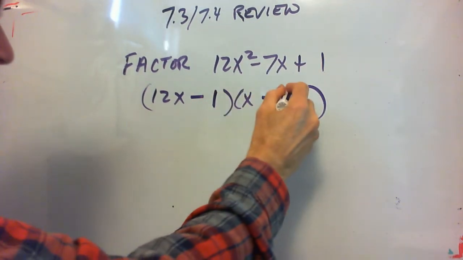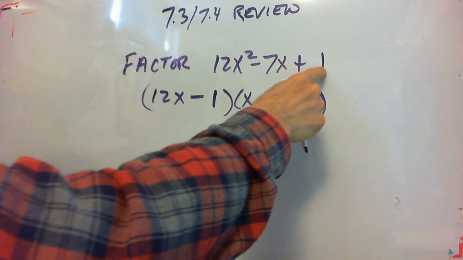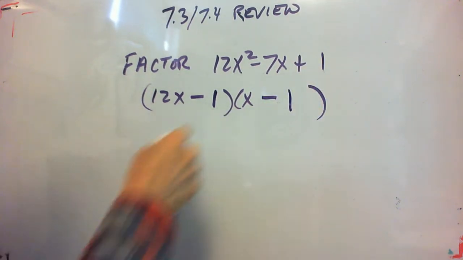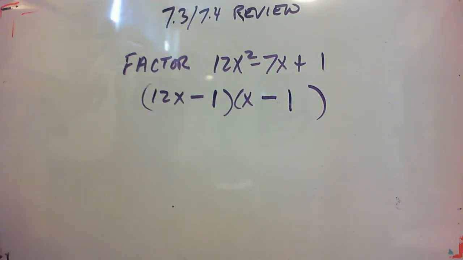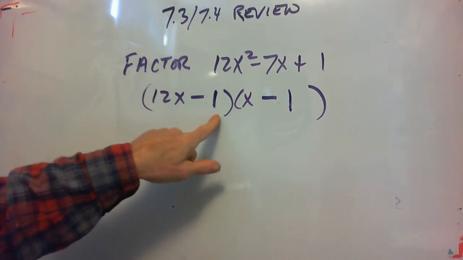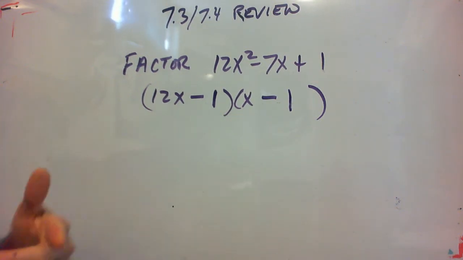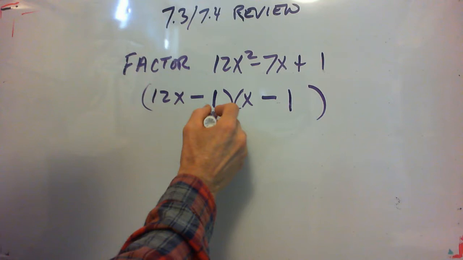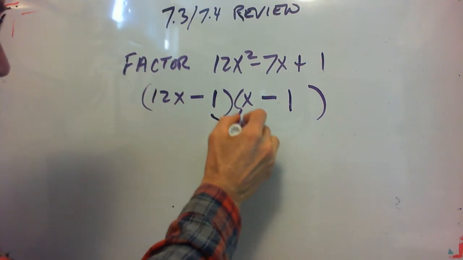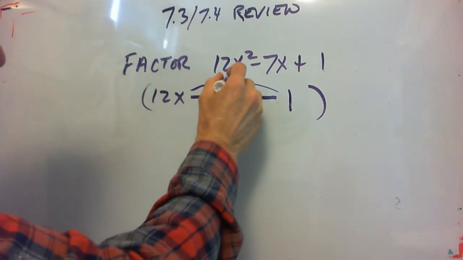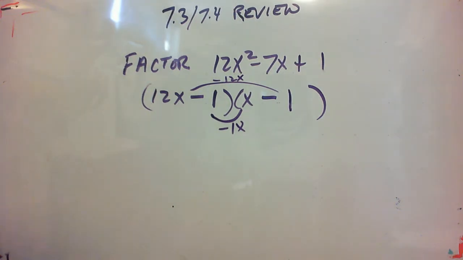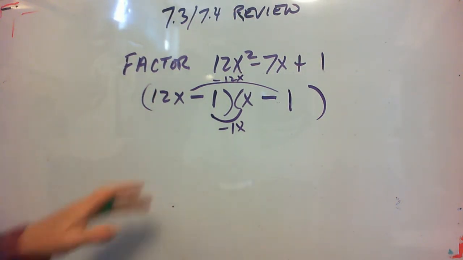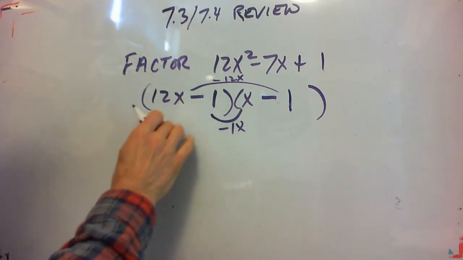In fact, we have to have a minus 1 and a minus 1 to give us the positive one, but a negative number of x's. So 12x minus 1 times x minus 1, when you FOIL it out, you get negative 1x and negative 12x. Makes negative 13x's. Too many negative x's. And that's the only possibility we have with 12x and x.